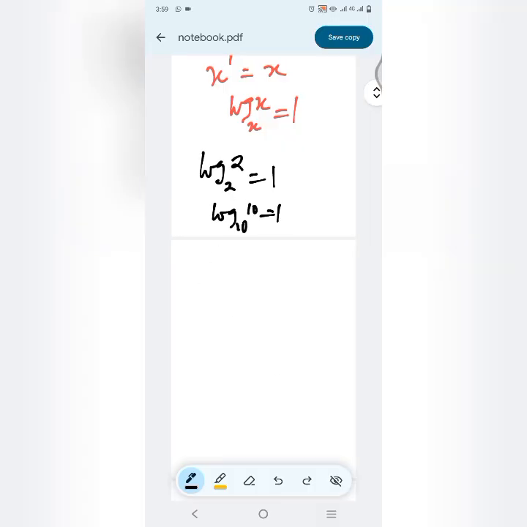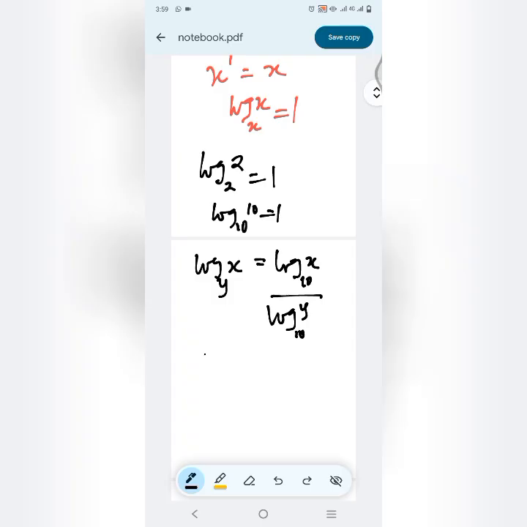The next law, which I will put last because I don't want this video to go beyond this minute, is a change of base. If I have log x to base y, I can say this is the same thing as log x to base 10 divided by log y to base 10.